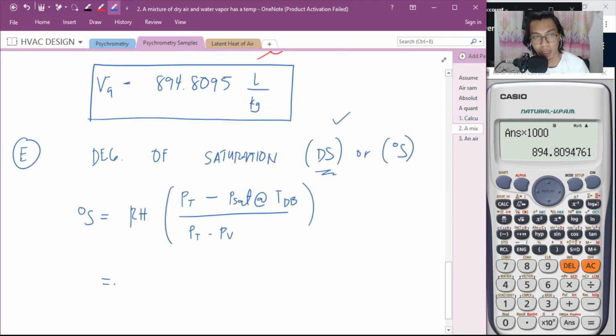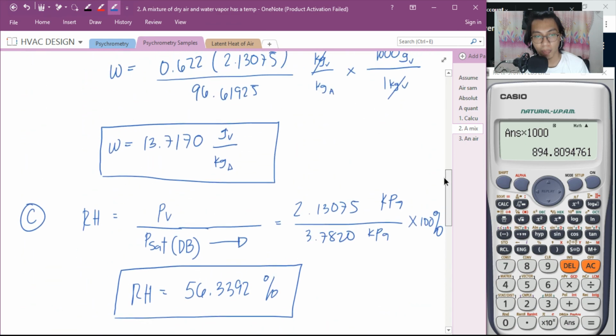So, what is the RH? I think the RH is 56. Okay? 0.563392 in decimal form. PT, 98.7. Huwag nyo na ilagay yung unit. Tapos, PSAT at DB. Diba nakuha ko yung kanina?